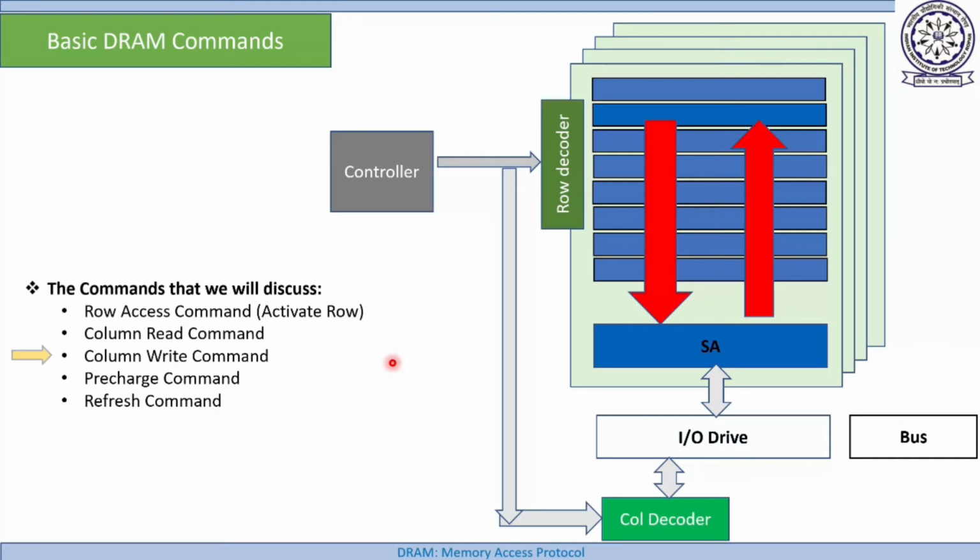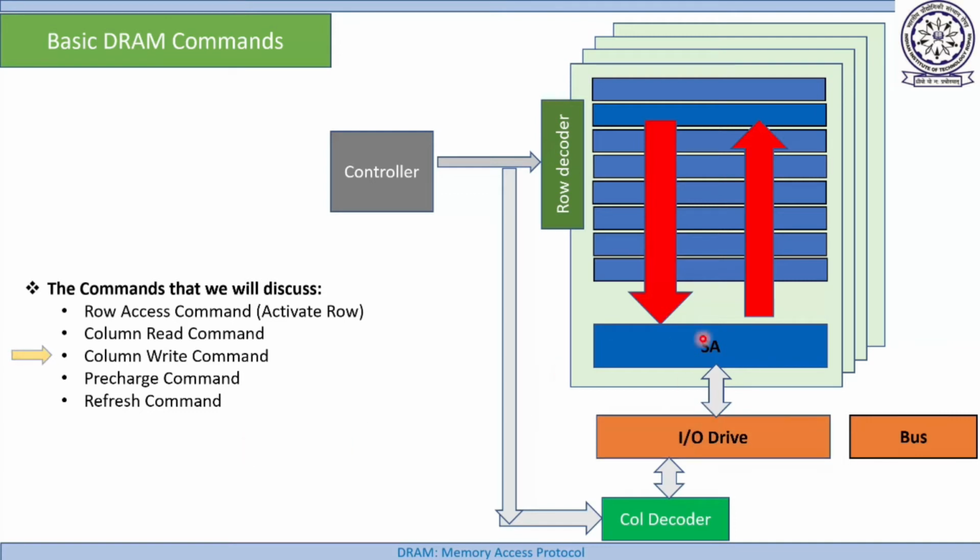For the column write command, first of all, the corresponding column address will be sent through this line, and based on this the device will know in which column the data coming through this bus should be written. That we should know first of all. And suppose this is the new data coming through this bus, and from this bus the data will come here, and assume that this is not the data of the entire row.